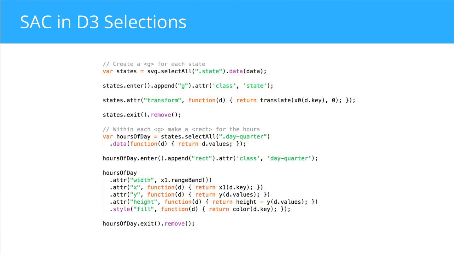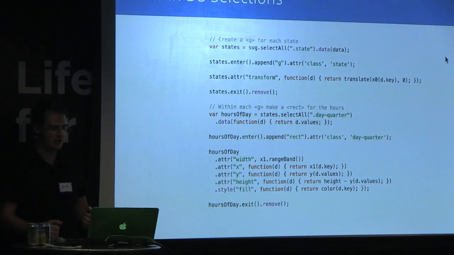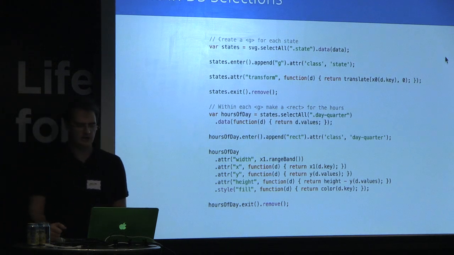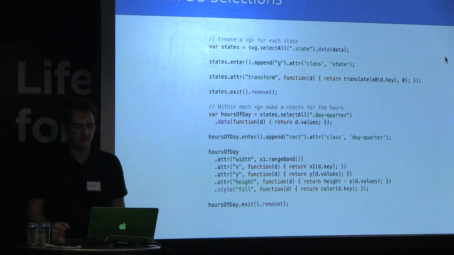But I think D3's two biggest contributions to API design of visualization toolkits from an academic standpoint are nested selections, which is what you see here, and also how it declares animations, which is really beautiful.